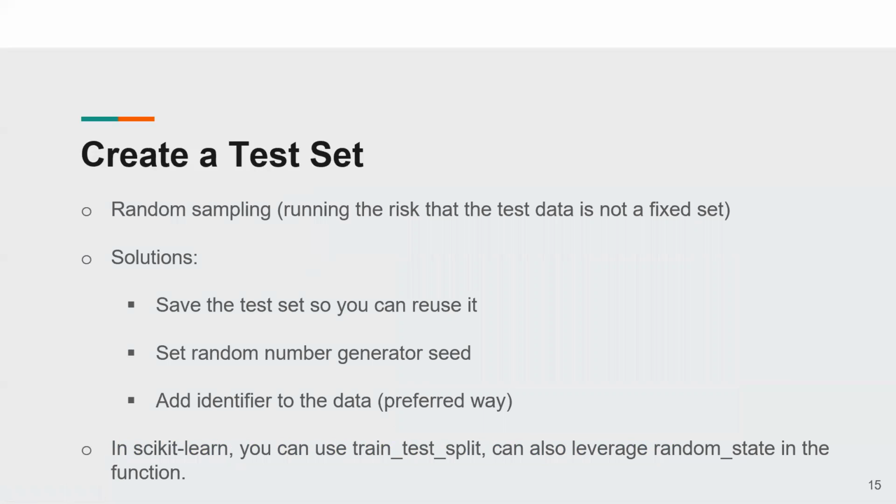So you can see that in the textbook, it says you can do random sampling, so that you say, okay, I can use 70% of my data as the training data and the other 30% as test data. Sometimes people use 80% as training, 20% as test. You could also potentially use 90% as training and 10% as test.